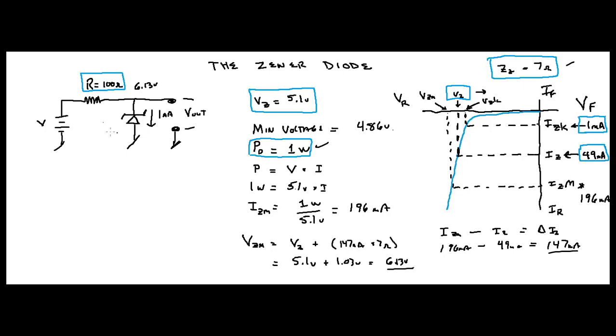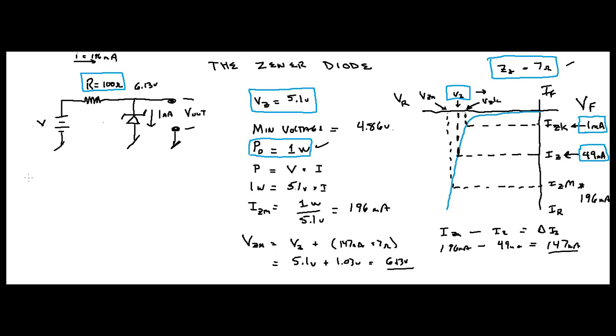What's your current? Your current is going to be right here, going through here. I equals 196 milliamps, okay? So if you take your 196 milliamps and multiply it times 100 ohms, and add it to this value, you're going to have the voltage you need to start with, aren't you? Let me write it down for you.